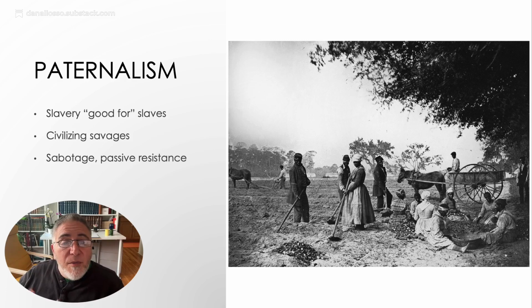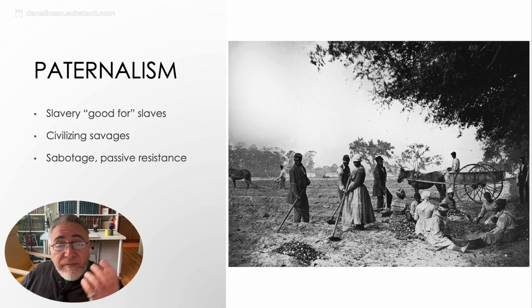Southern whites promoted the idea of paternalism, claiming that white slaveholders actually were acting in the best interest of the enslaved people, and this was to justify the existence of slavery. Slaveholders claimed to feel great responsibility for the slaves in their care, responsible for their feeding, their discipline, and even their Christian morality, and ultimately the saving of their souls.